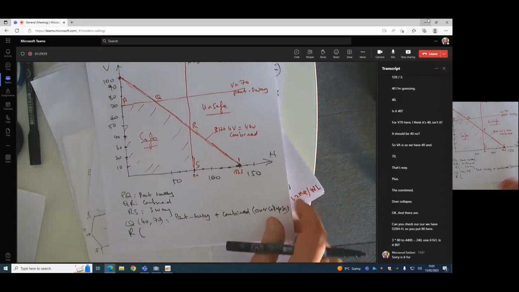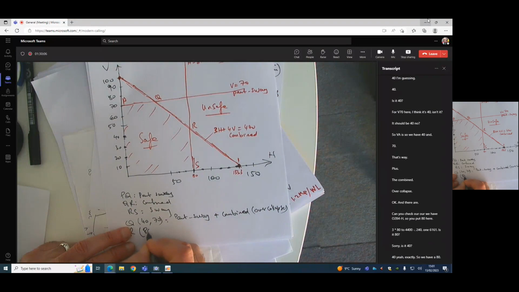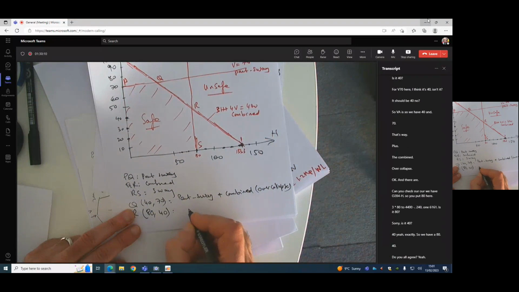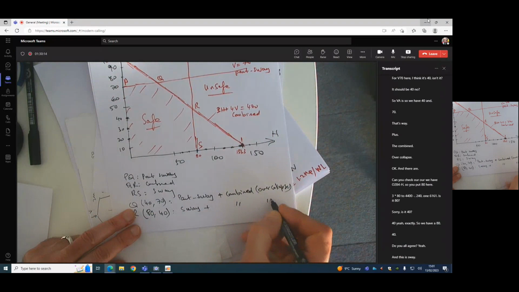Sorry, is it 40? 40, yeah, exactly. So we have 80, 40. Do you all agree? Yeah. And this is sway plus combined over collapse.